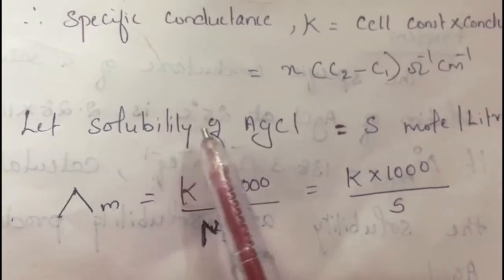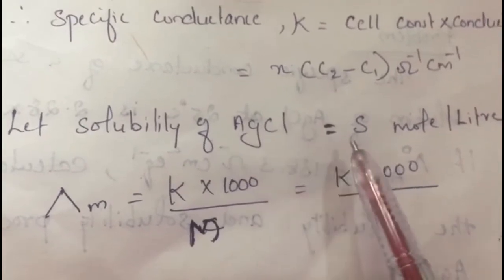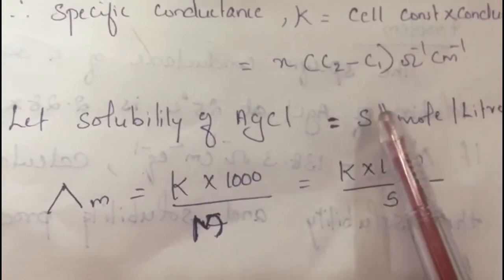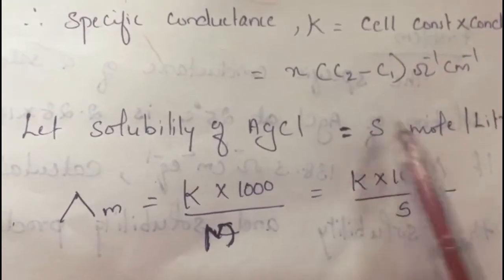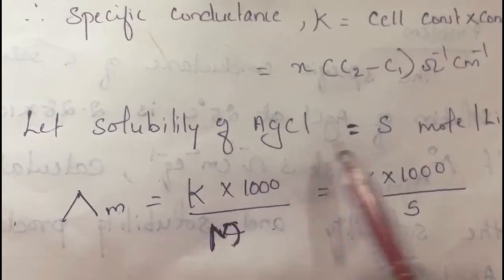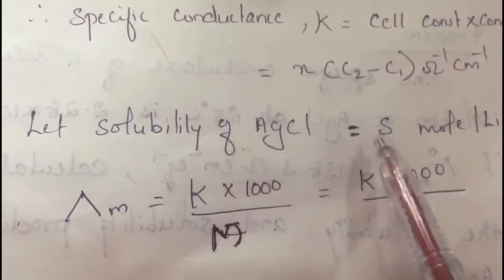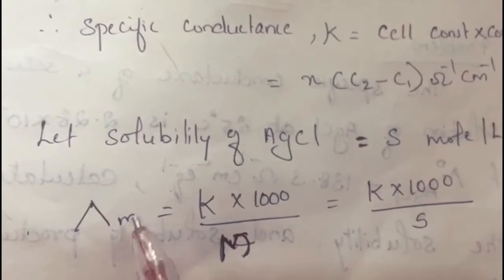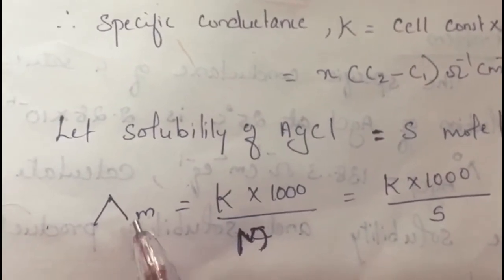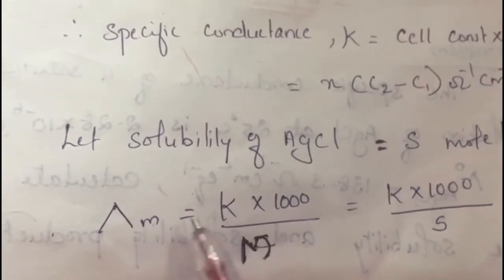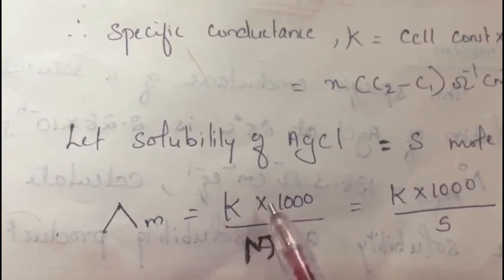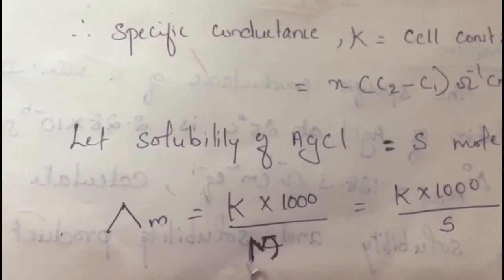Let the solubility of AgCl be S mole per liter. Solubility is the same as concentration in the case of a sparingly soluble salt, so let the solubility be S. How can we find lambda m? Lambda m is the molar conductance. We have already studied lambda m equal to K into 1000 divided by concentration.